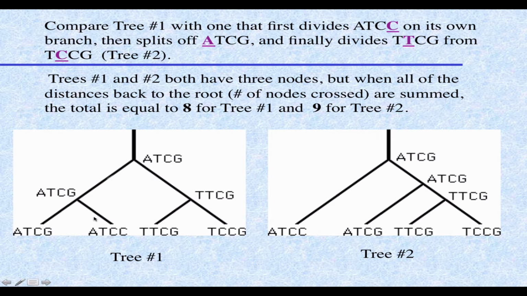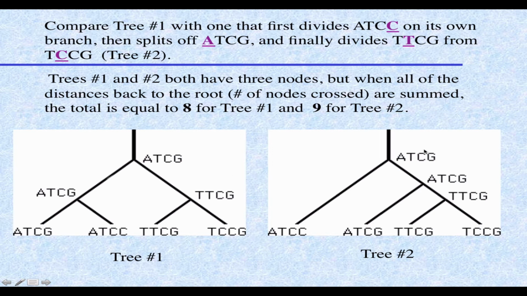On this branch of the tree, there's 1 change from ATCG to ATCC. On this branch of the tree, well, we put a T early. So ATCG changes to TTCG first. And then there's a second change here from TTCG to TCCG, right? So there's 2 mutations in this tree.